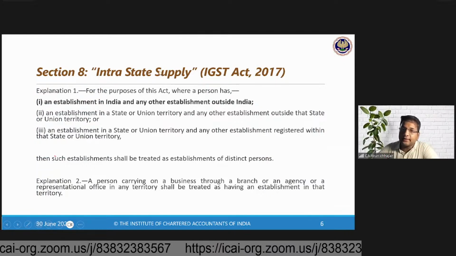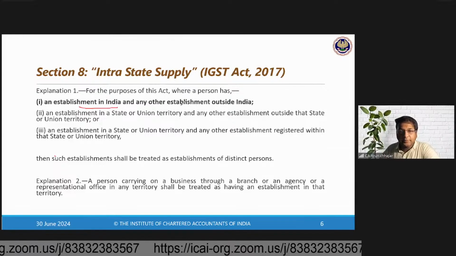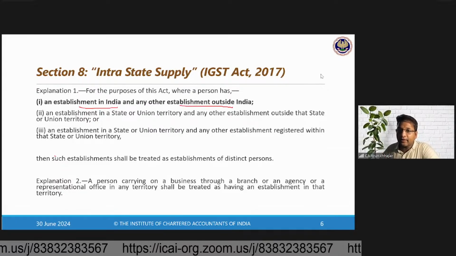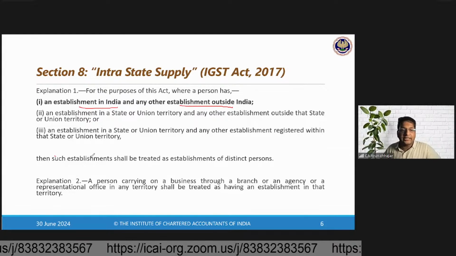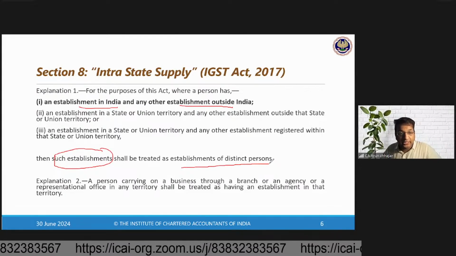Only I am discussing the relevant part. Establishment in India and establishment outside India. If there is an establishment in India and there is an establishment outside India, then such establishments shall be treated as establishments of the distinct person.